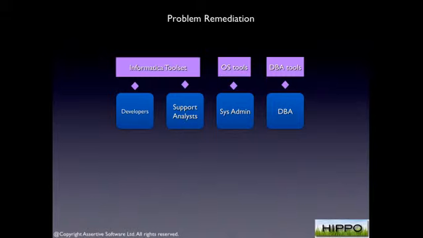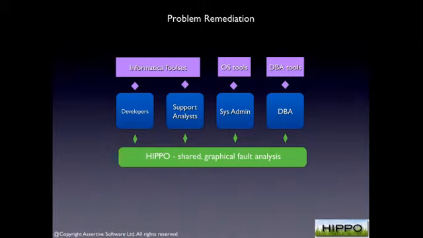Informatica toolset, OS tools and DBA tools are used variously by the different people involved. What HIPPO brings to the table is a shared graphical fault analysis tool. A graphical tool which is easy to understand, which everyone sitting around the table can understand, can use and can share. And what that means is that HIPPO is presenting to them sources of information which they trust.